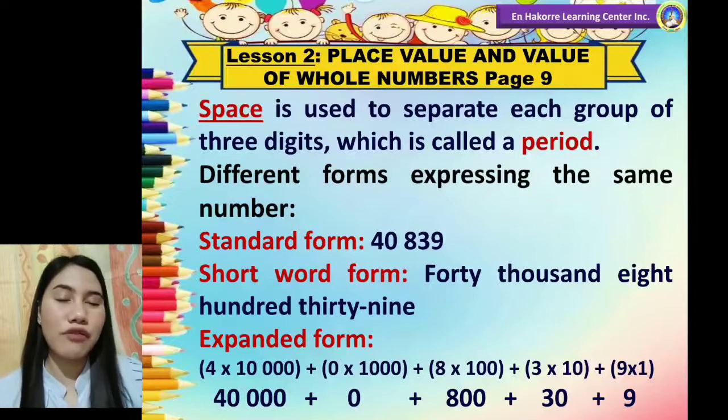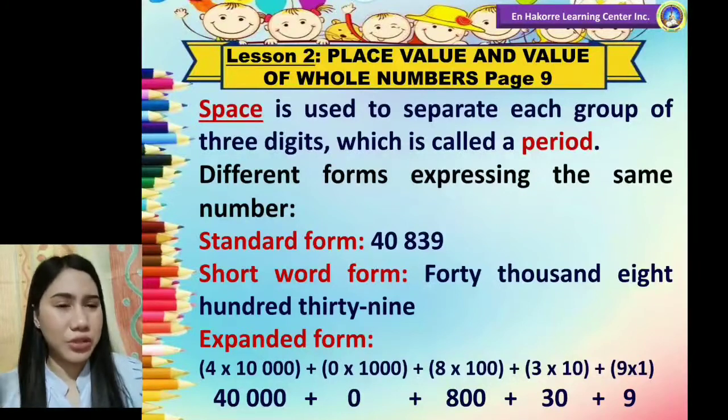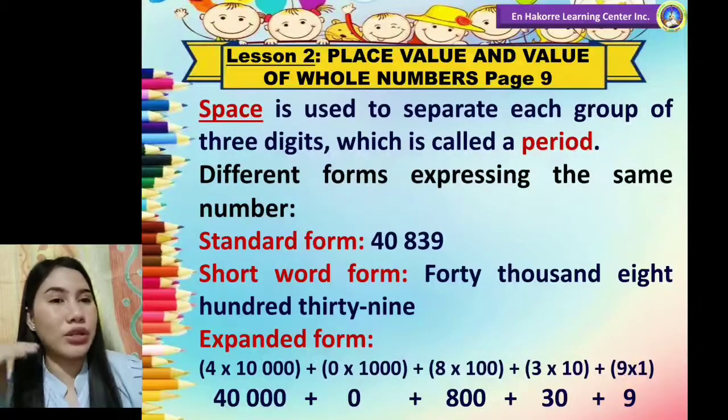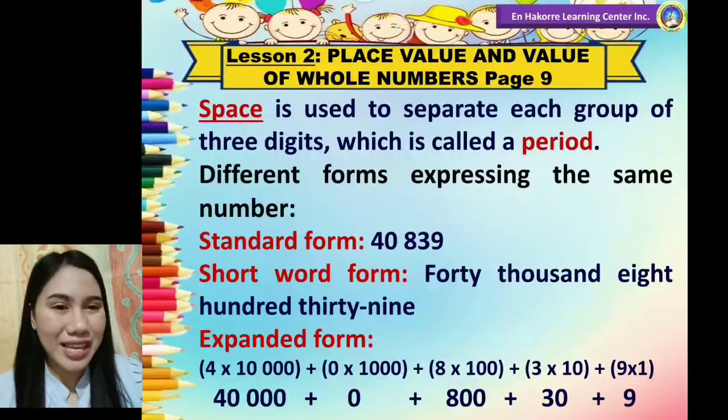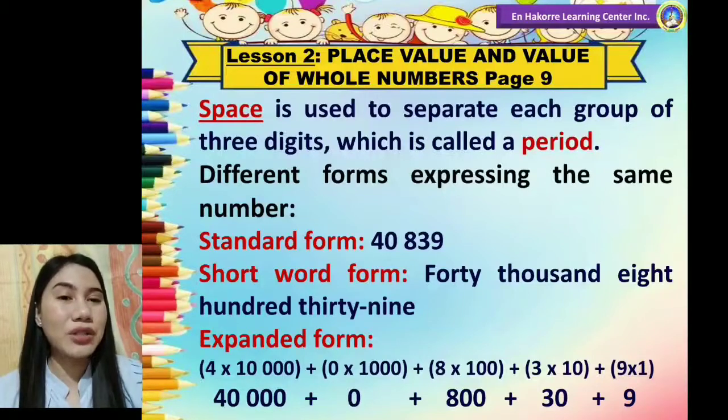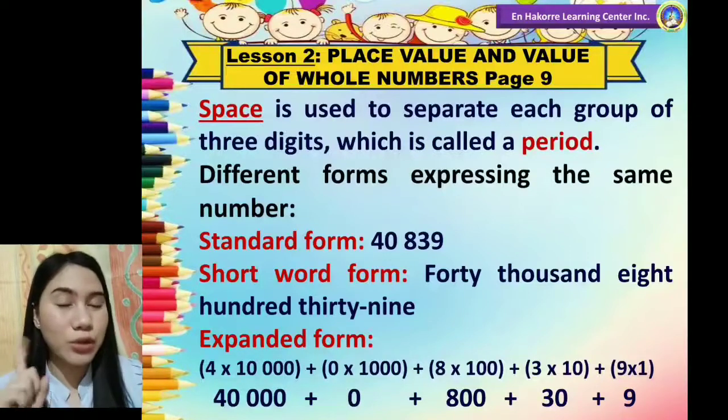Where does the 4 come from, where does 0, where does 8, where does 3, and where does the 9 in the number 40,839 come from? So you have there 4 times 10,000 is equal to 40,000. You also have there 0 times 1,000 is equal to 0.